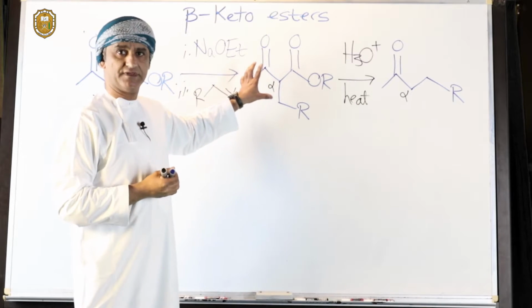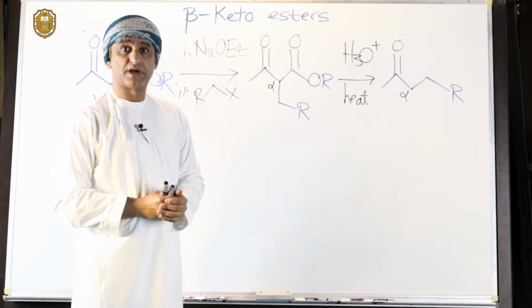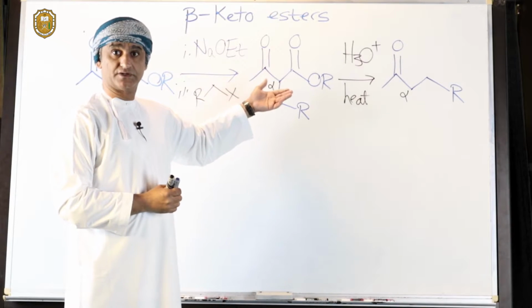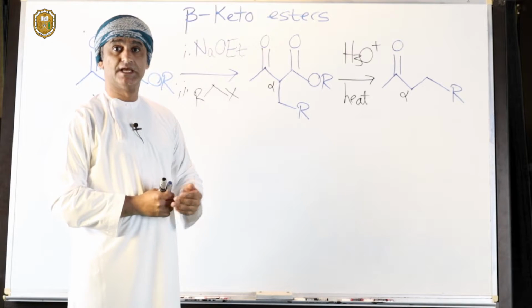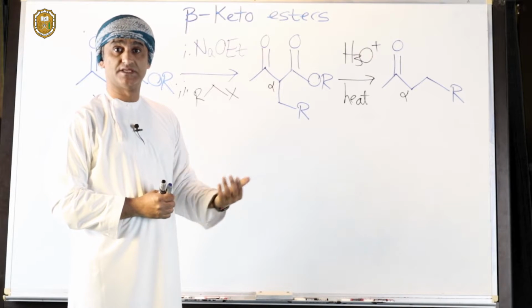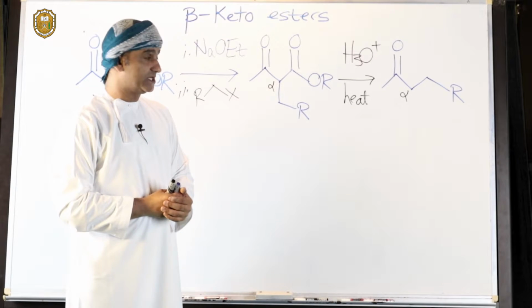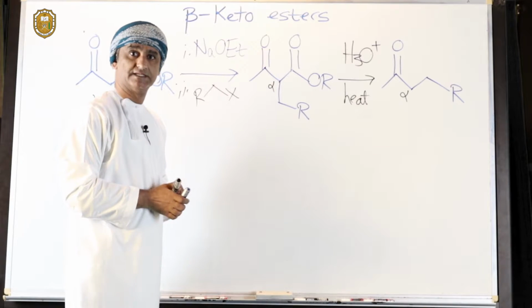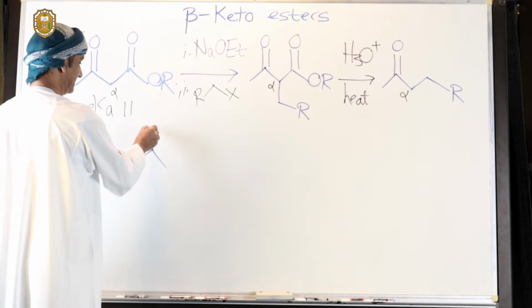So again, if this alkylated product is treated with an acid in the presence of heat, the ester should undergo hydrolysis to give the corresponding carboxylic acid, and the carboxylic acid will be lost in the form of carbon dioxide to give the final ketone product. Let's write that carboxylic acid intermediate product to see how this decarboxylation reaction takes place.